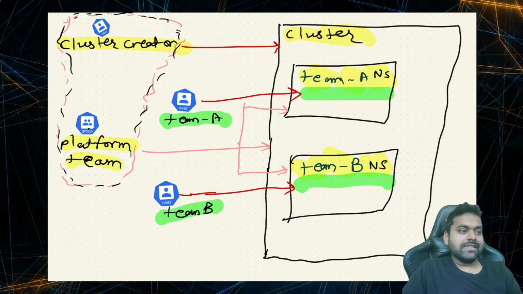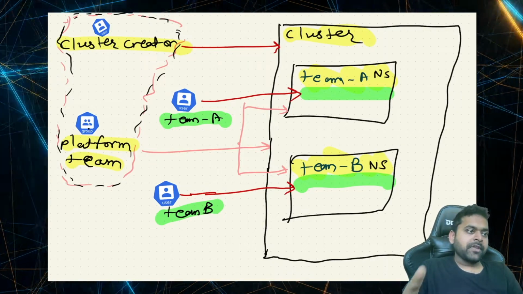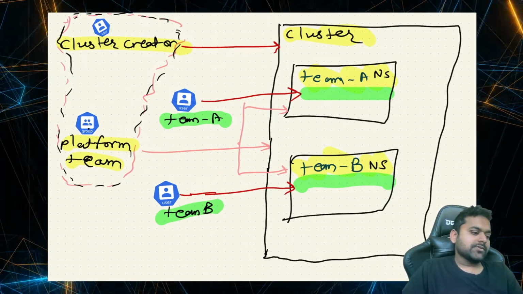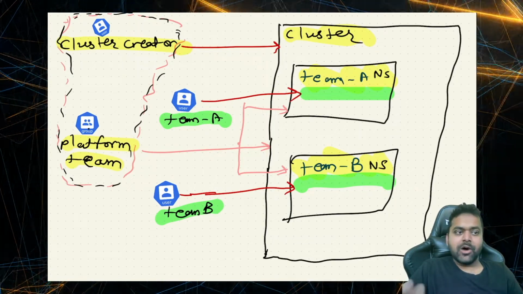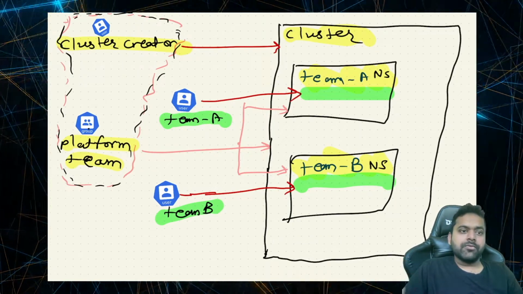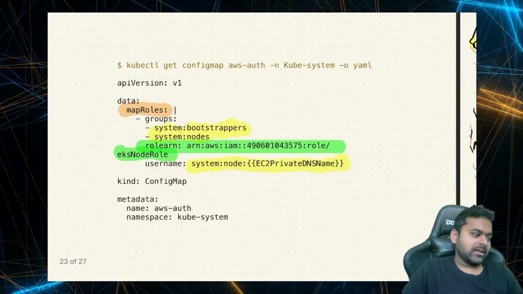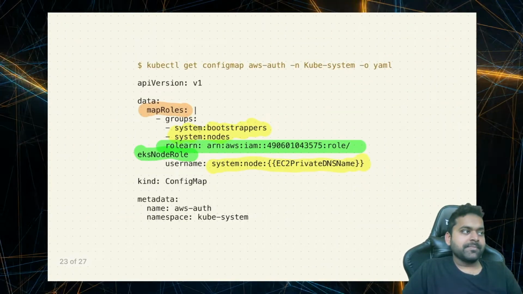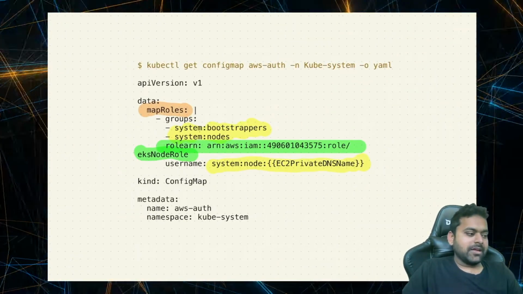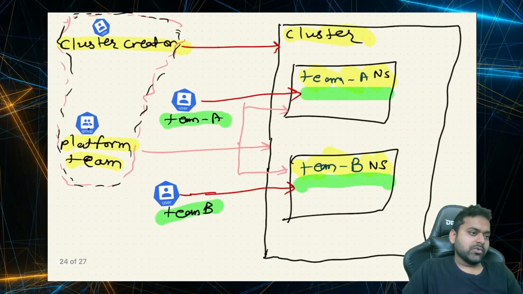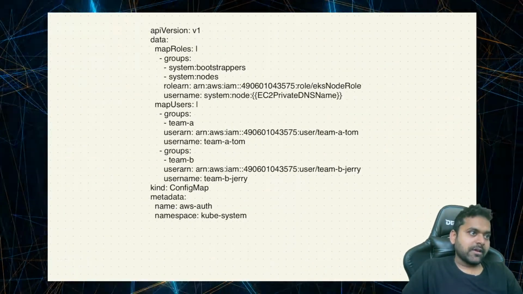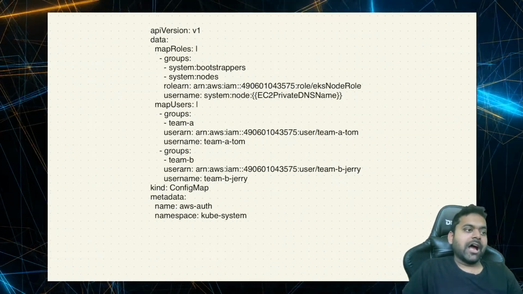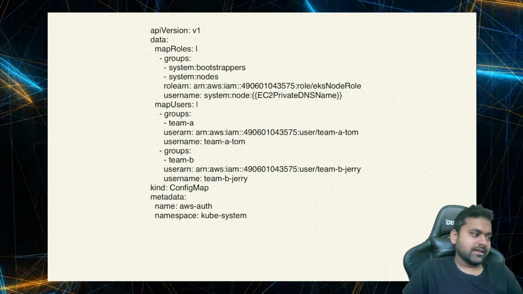So that is our scenario, right? So let's see how we will perform that. But before we perform that, we discussed a few things in this config map, and now I will show you how our target config map will look like and how it will actually work in the cluster.